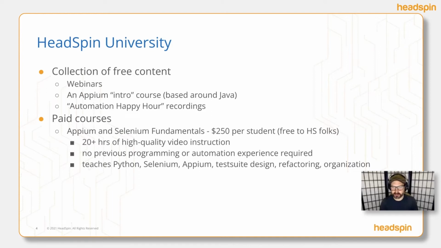But it also goes on to teach some more high-level skills, where we're talking about, now that we know how to do basic automation mechanics, how do we turn that into a useful test suite? So we talk about refactoring and organizing a test suite and building it up from first principles, basically, which I've also gotten really good feedback on, because a lot of folks that work as automation engineers have learned automation to a high standard.